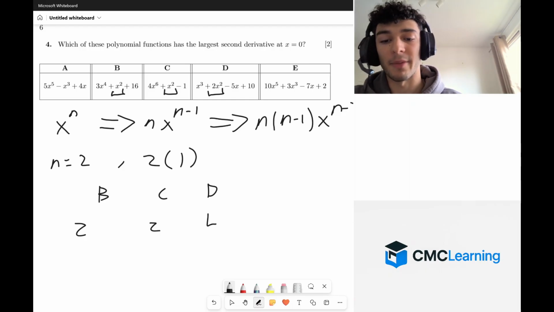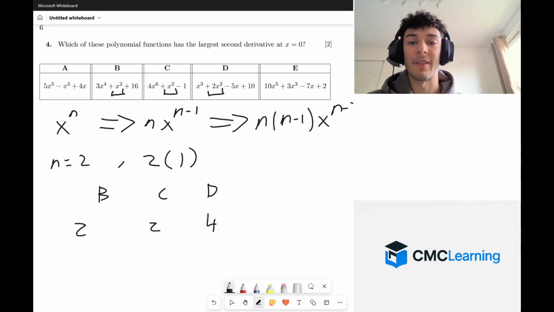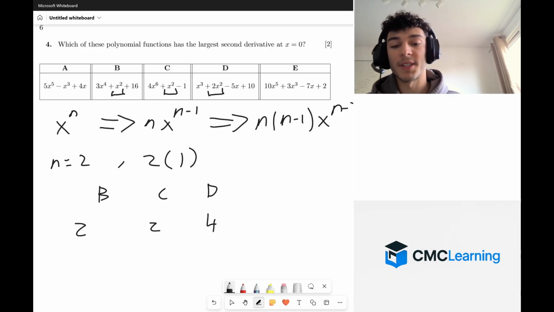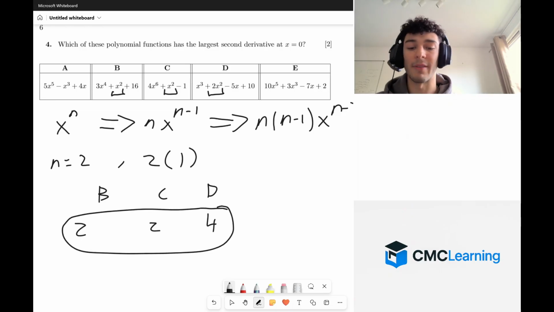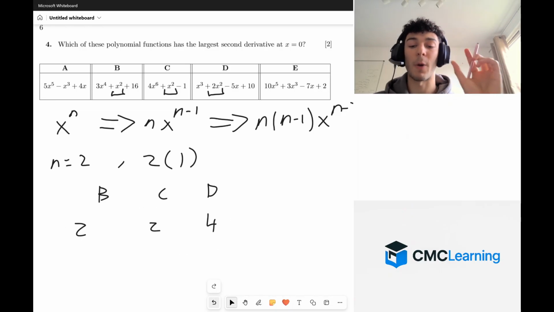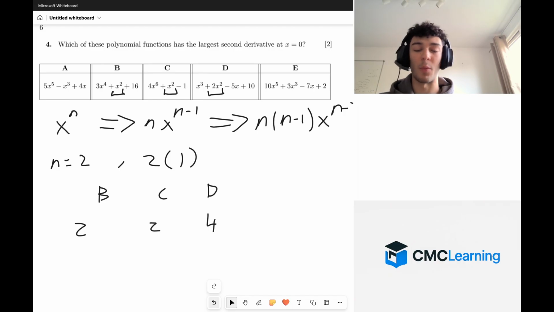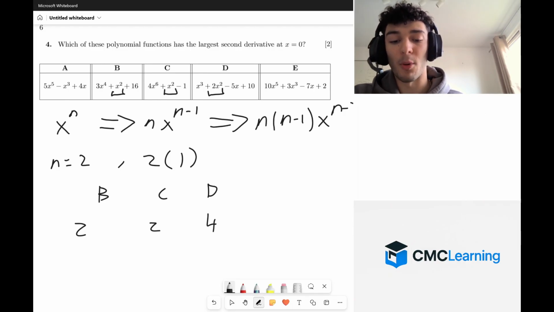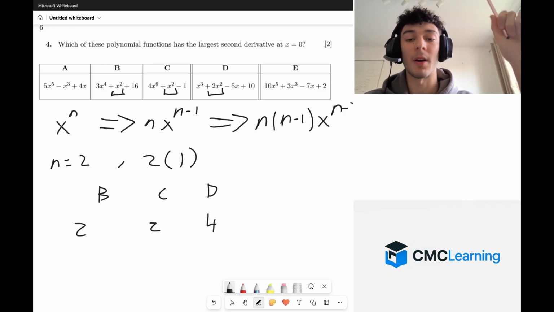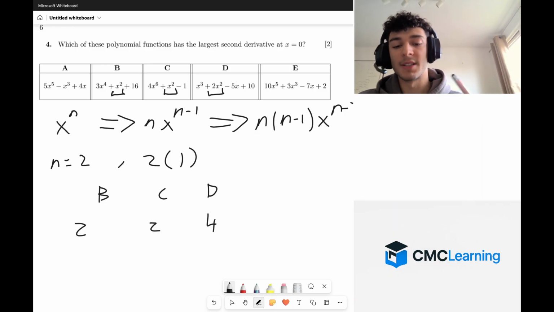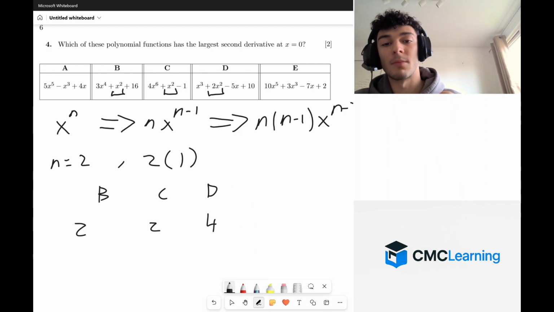In this case, we're left with 4 as the value for the second derivative of D. And of course, these values will be independent of any value of x. So the x squared term will always reduce to 2, 2, and 4. But it's important because they're telling us when x is equal to 0. Essentially what that means is all other terms will go to 0. So here the answer will be D.